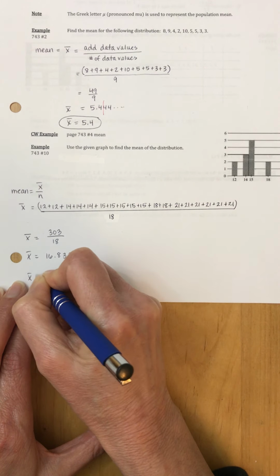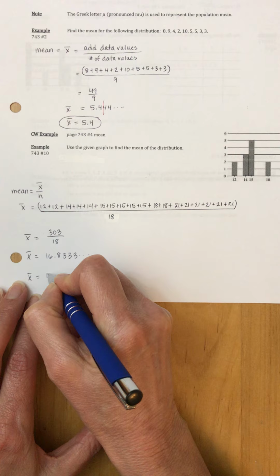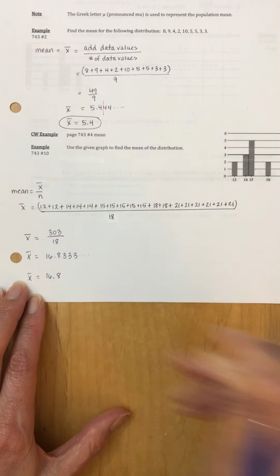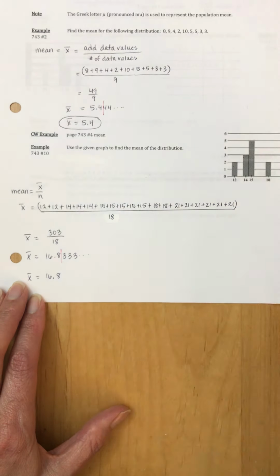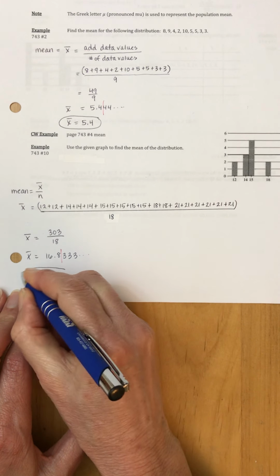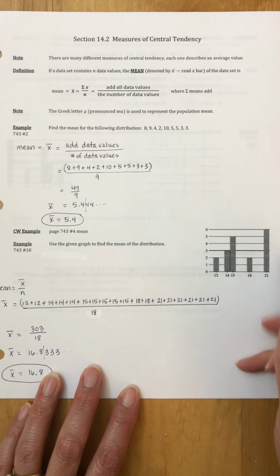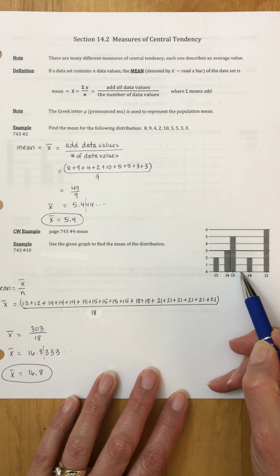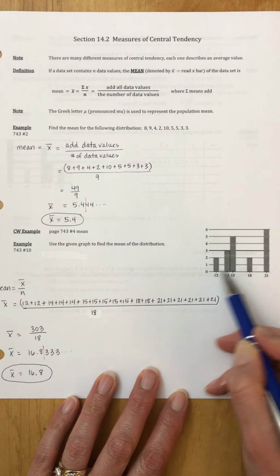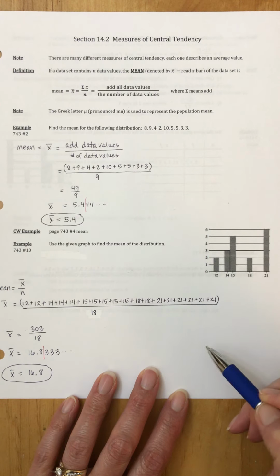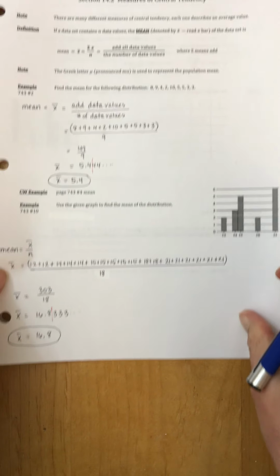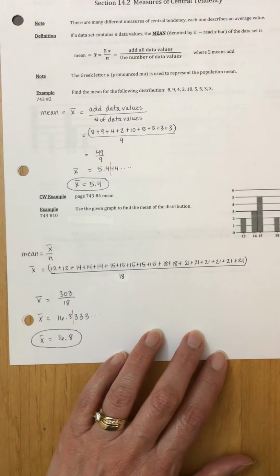Okay, and if we're going to round it, we'd say 16.8, right? Okay, so that is the mean there. Again, take a look at your data, and it may be even easier to do here graphically. That number 16 is somewhere in the middle here of the data values. Okay, so that's it for page 1. Go on to page 2 of this section.